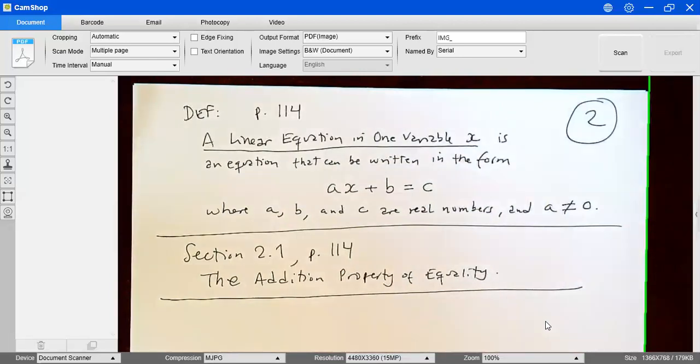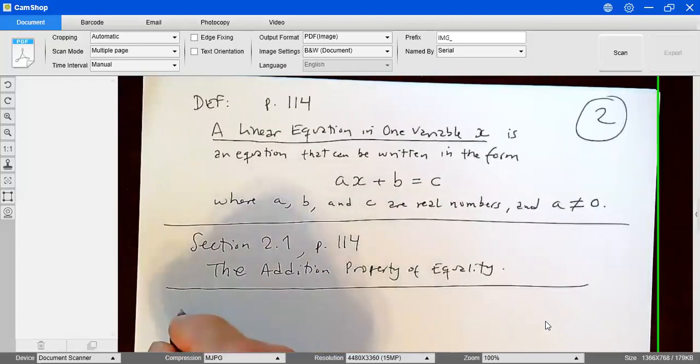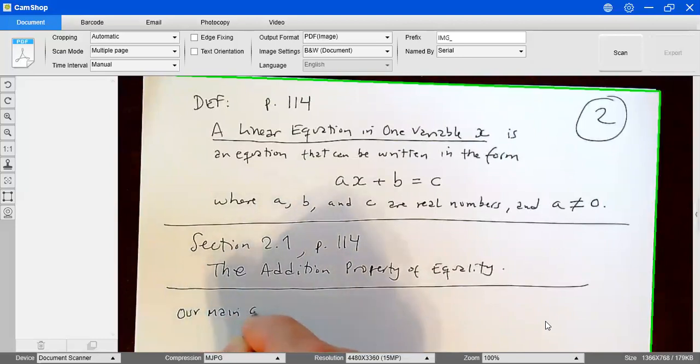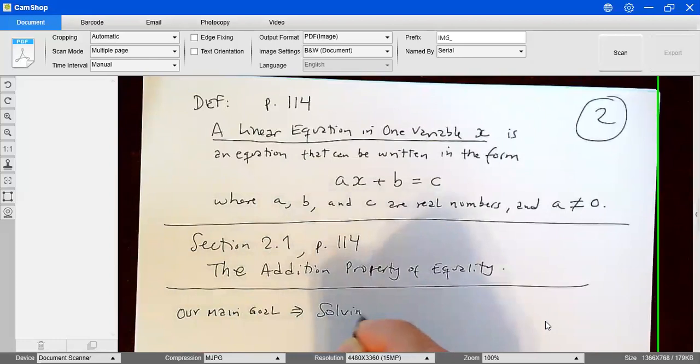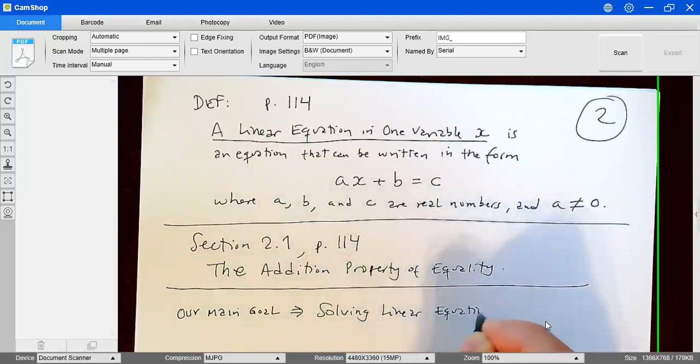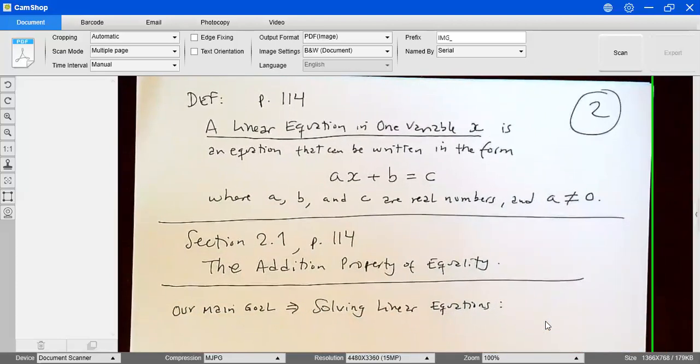In this chapter, we're going to learn how to solve equations. So our main goal is solving linear equations. What is the meaning of that? What is solving linear equations?